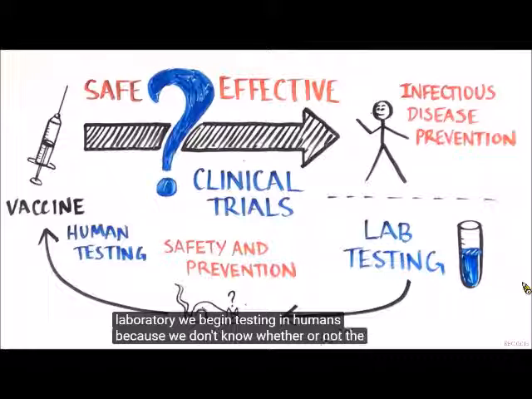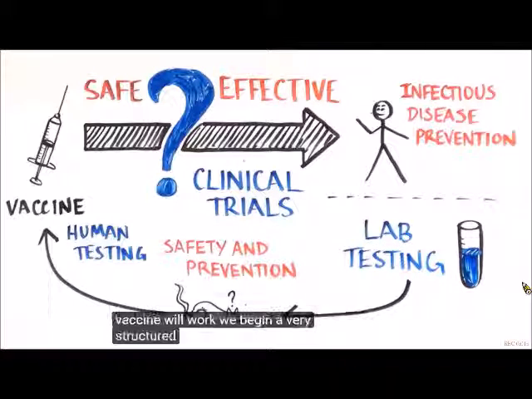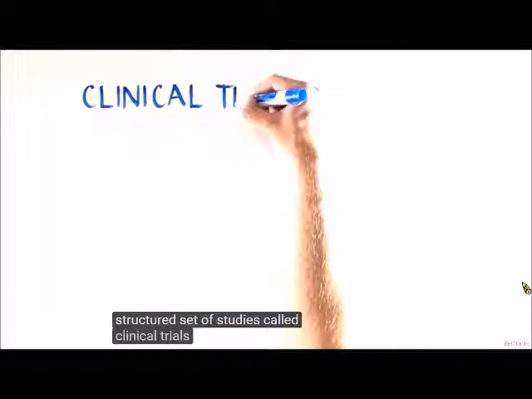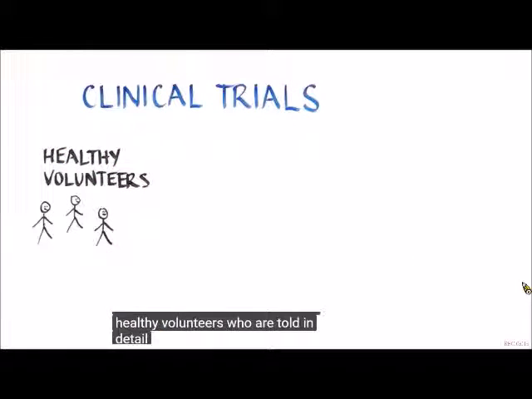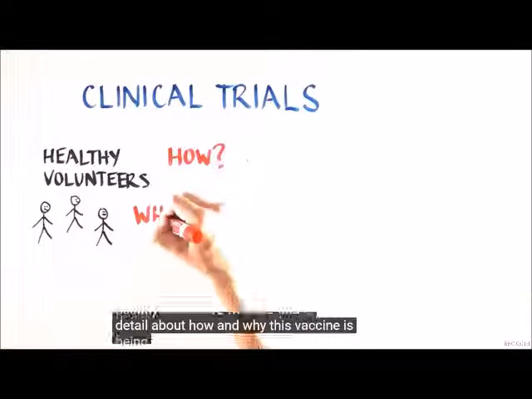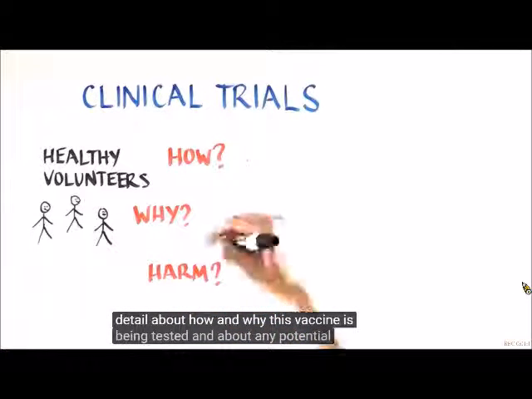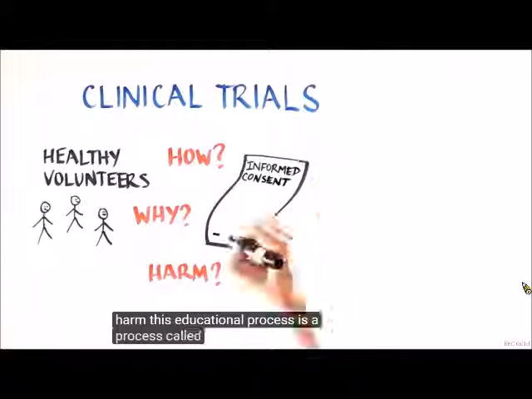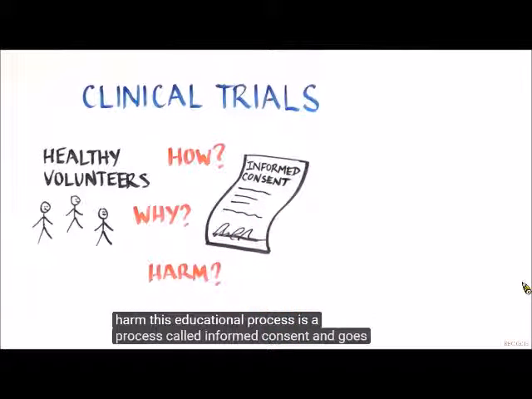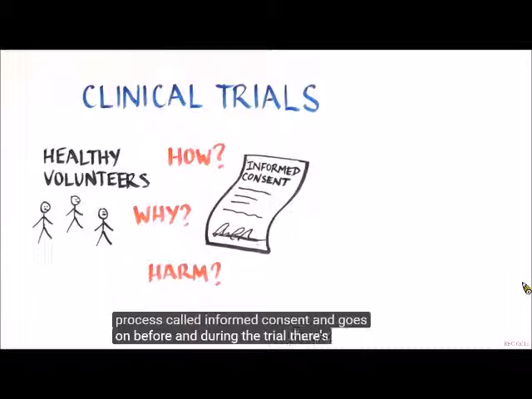Because we don't know whether or not the vaccine will work, we begin a very structured set of studies called clinical trials. These studies involve healthy volunteers who are told in detail about how and why this vaccine is being tested, and about any potential harm. This educational process is a process called informed consent, and goes on before and during the trial.